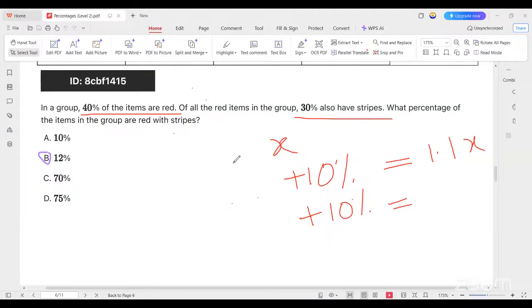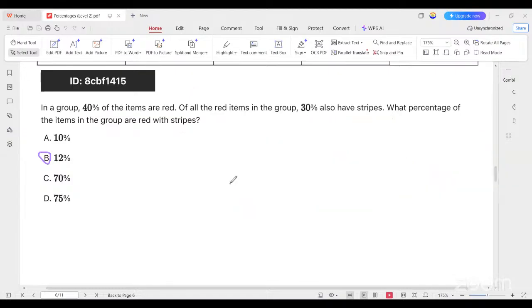Again 1.1 times the previous one. Whatever the previous, 10%. The other way, what I can tell, okay, 40%. We have to increase by 40%.